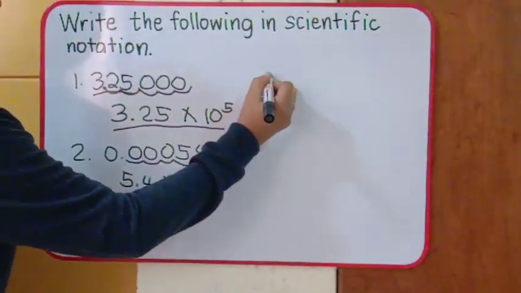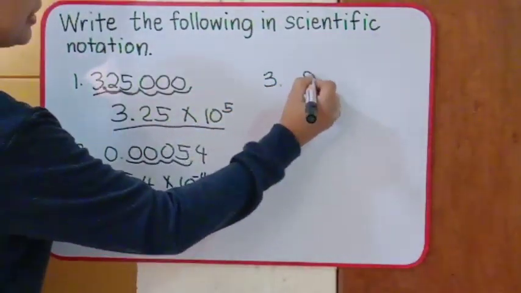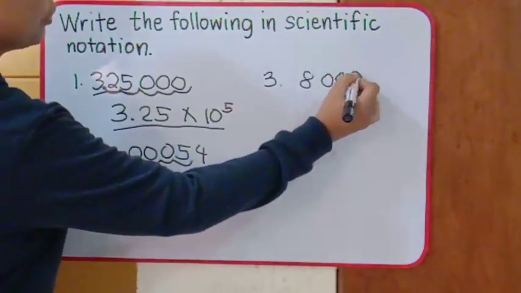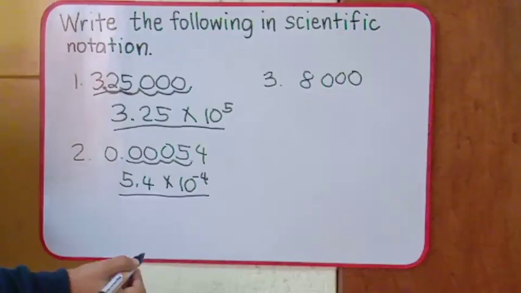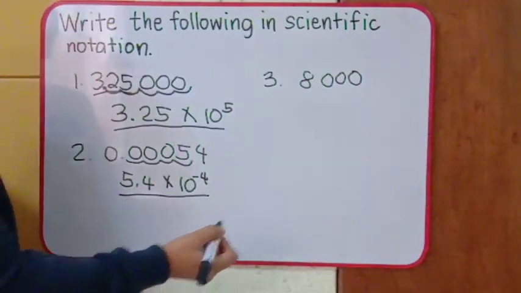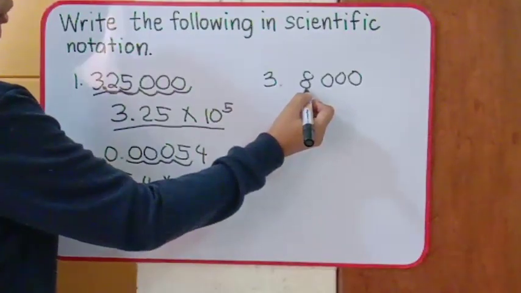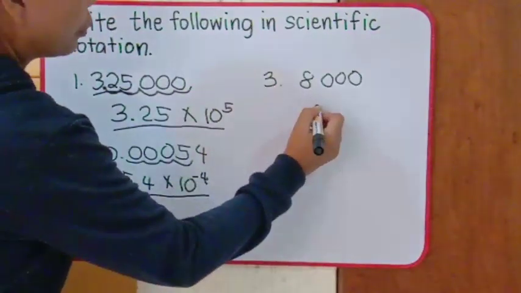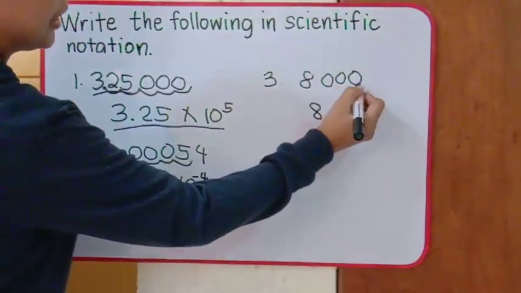Now let us have example number 3. So we are given 8,000. So we will change it to scientific notation. So we have to find the value of A. So we have here 8. This is the only number greater than 0. So we have 8 here. So we will count the decimal point.